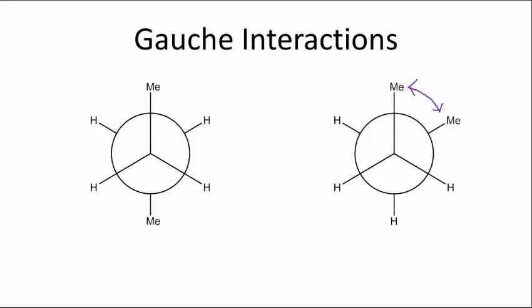That's kind of tacky, kind of awkward. So this is what we would call a gauche interaction. That means two groups are 60 degrees apart.